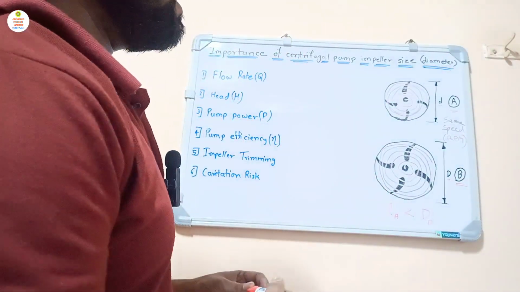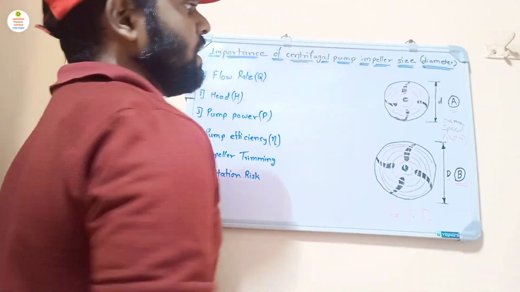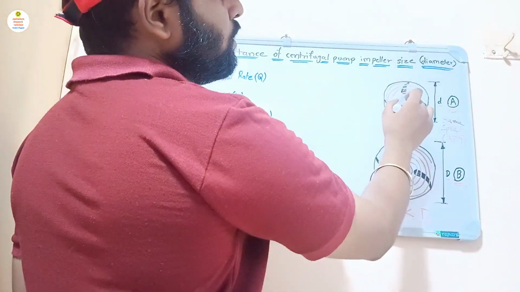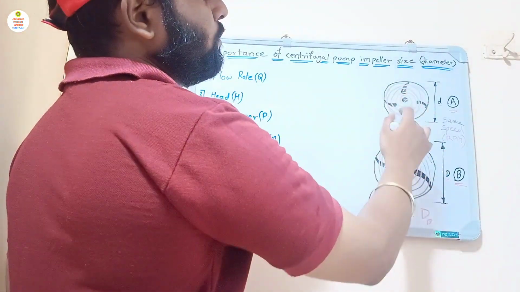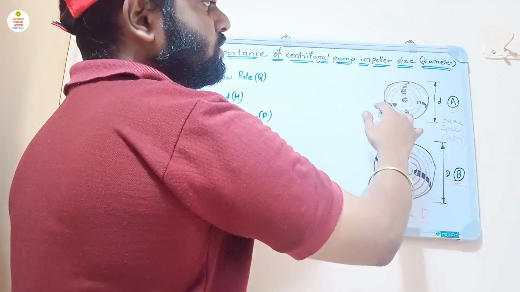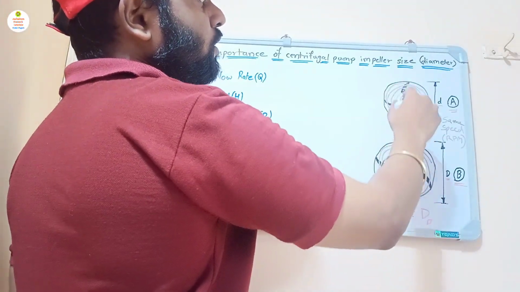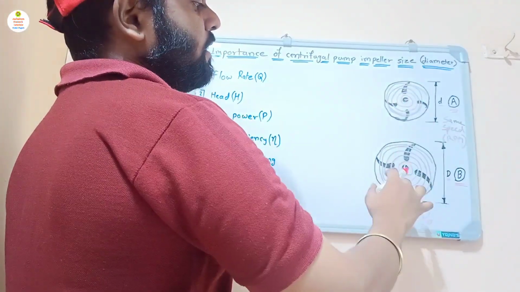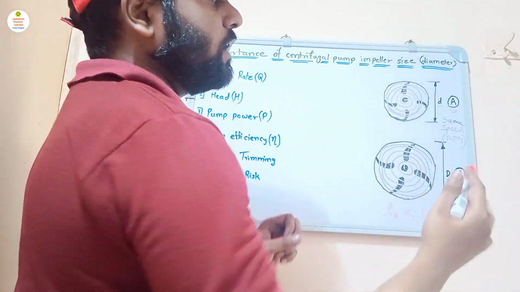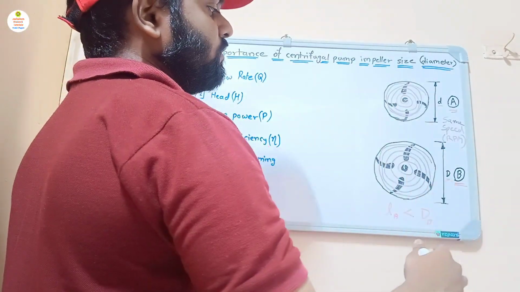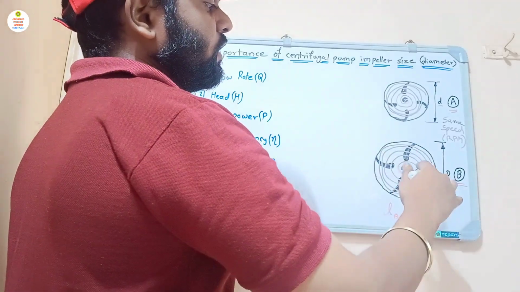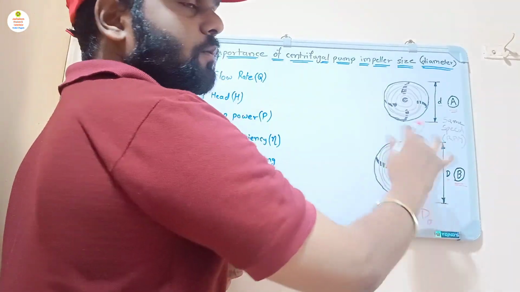As you can see from this diagram, this liquid droplet has traveled some distance in a circular path. And here also, in the case of impeller B, the liquid droplet has traveled some distance in a circular path.